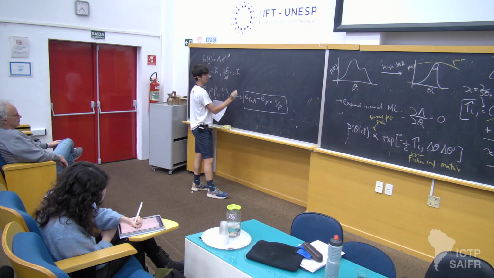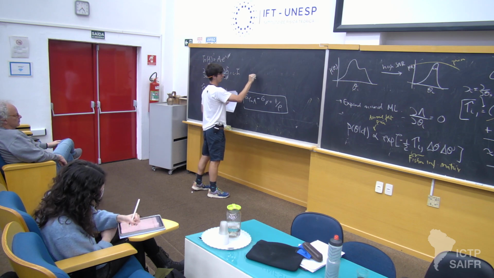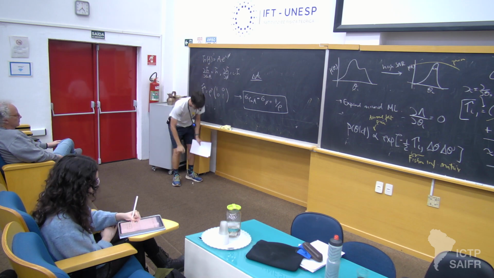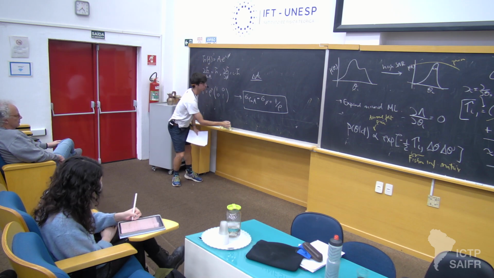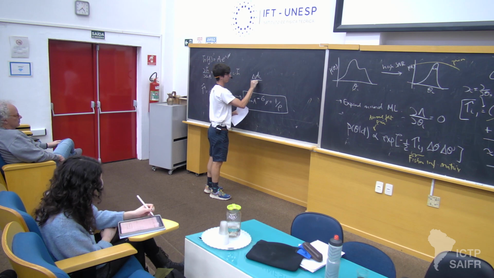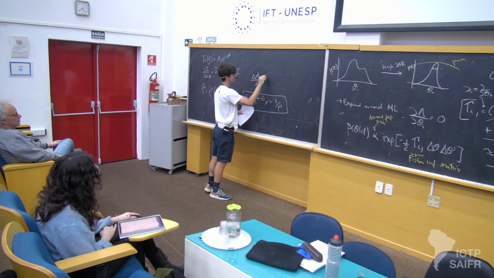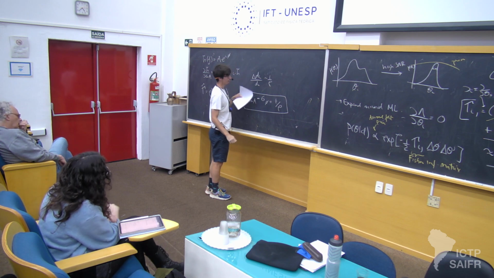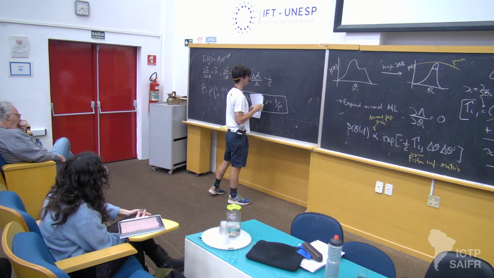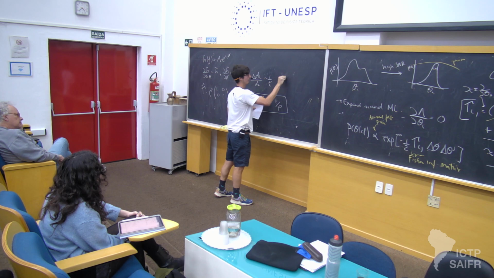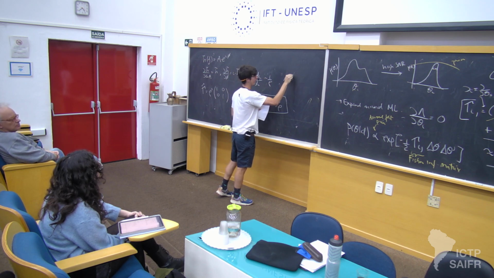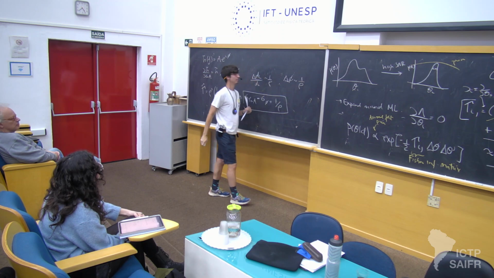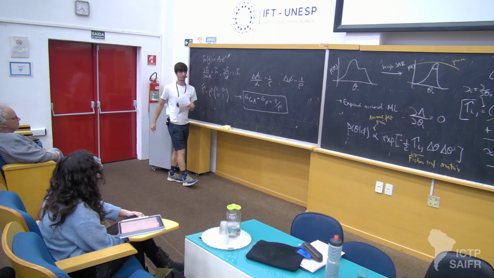So what this means is that, roughly speaking, of course, in general, there are more parameters that will be degenerate with each other. But roughly speaking, for example, the relative error in the luminosity distance will scale with the inverse of the signal to noise, and the errors in the phases will scale with 1 over SNR.